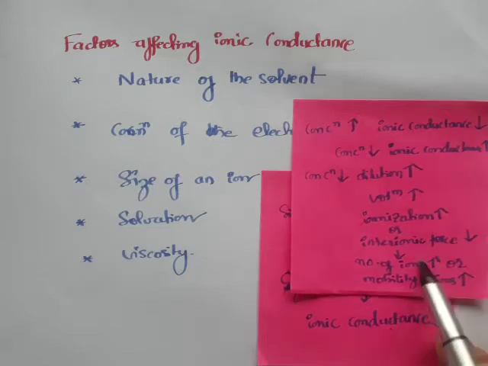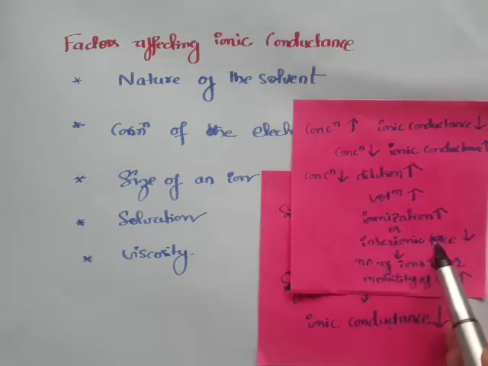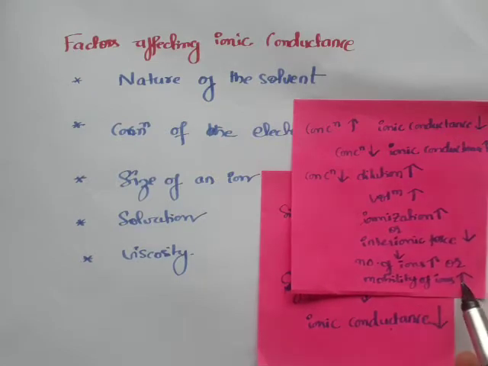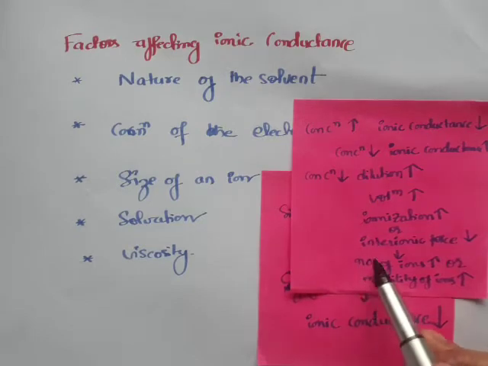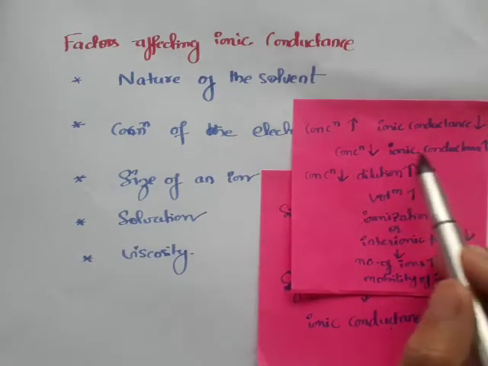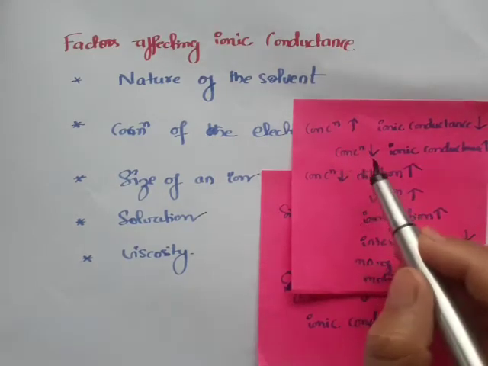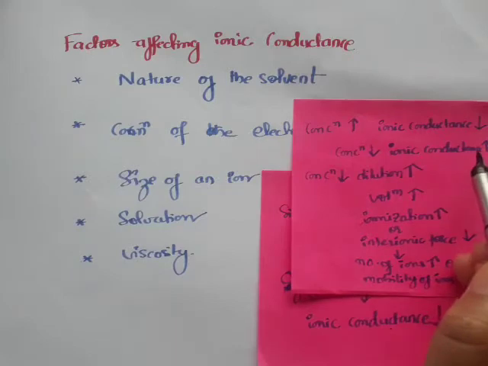And with a decrease in interionic forces, the mobility of ions will increase. Now with an increase in the number of ions and their mobility, the ionic conductance also increases. So a decrease in concentration means an increase in ionic conductance.